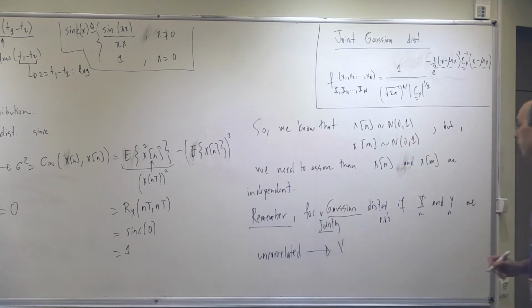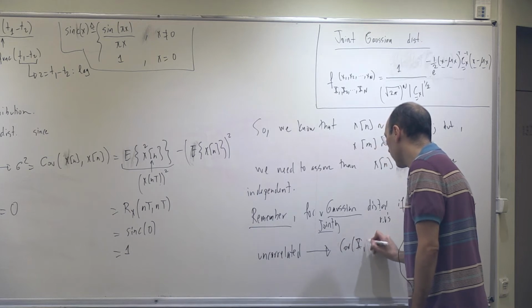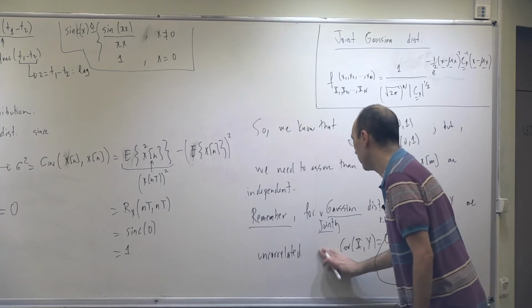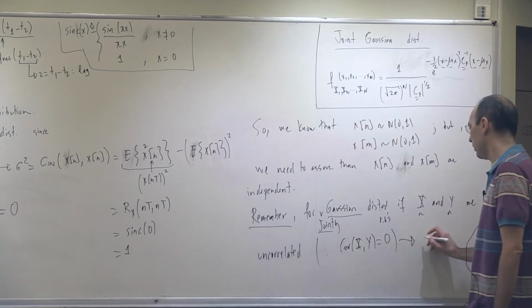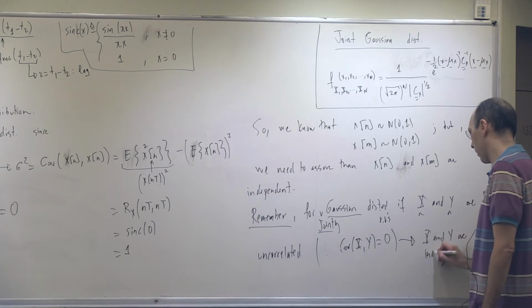If X and Y are uncorrelated, meaning that the covariance of X and Y is equal to 0, this is the definition, then X and Y are independent.